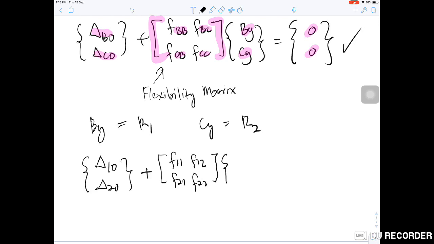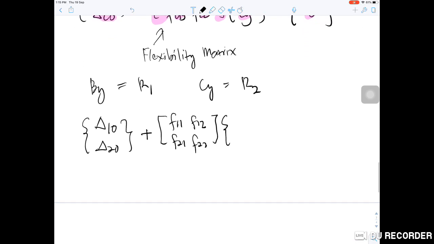And this is for redundant 1, for redundant 2, and this is equal to 0. So this is actually the general form of compatibility equation that will suit all problems.